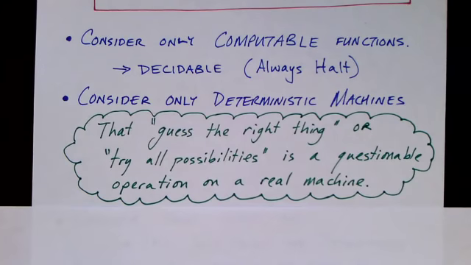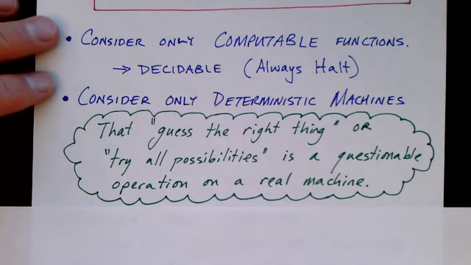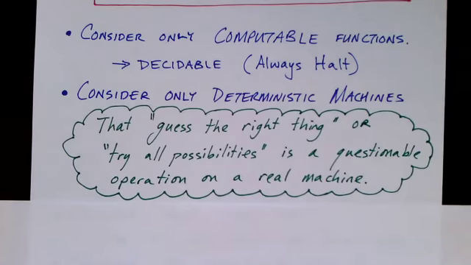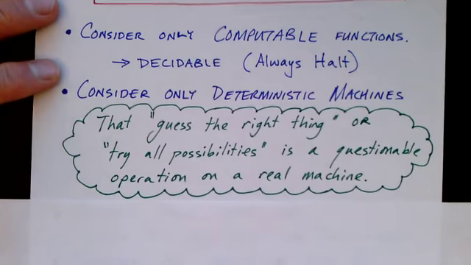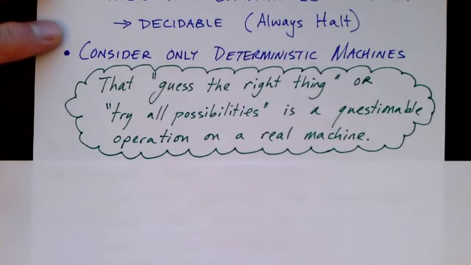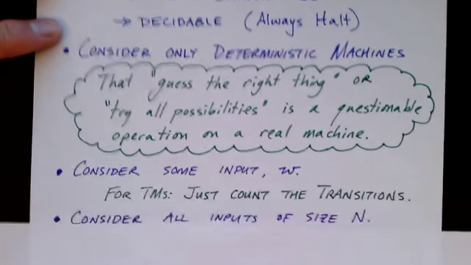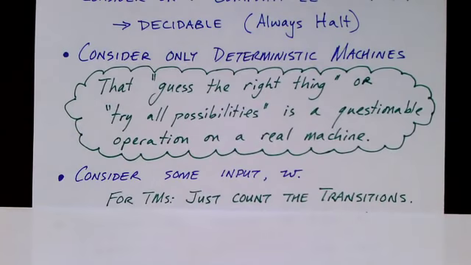Later on we will talk about other complexity classes that involve non-determinism. But for now, let's just restrict our attention to machines that are similar to real machines, and in particular to deterministic machines.